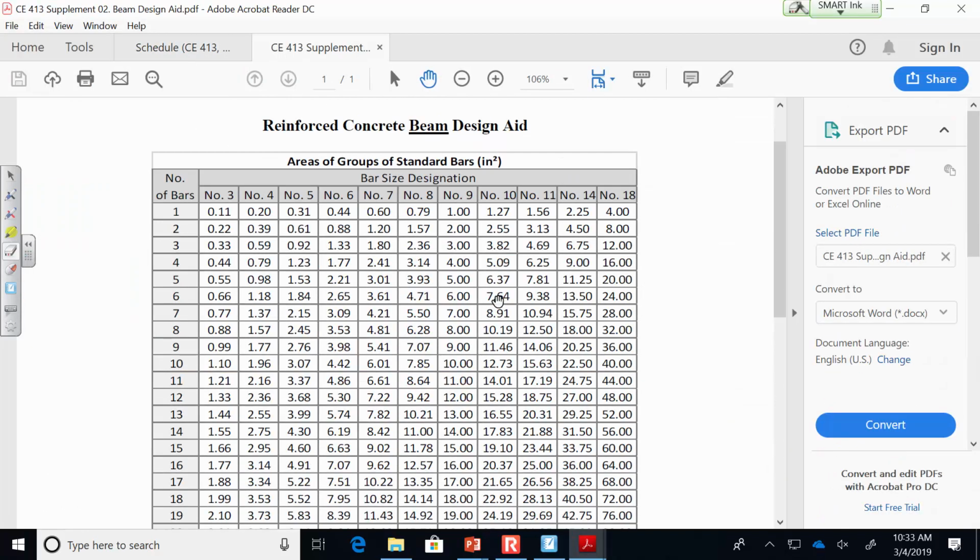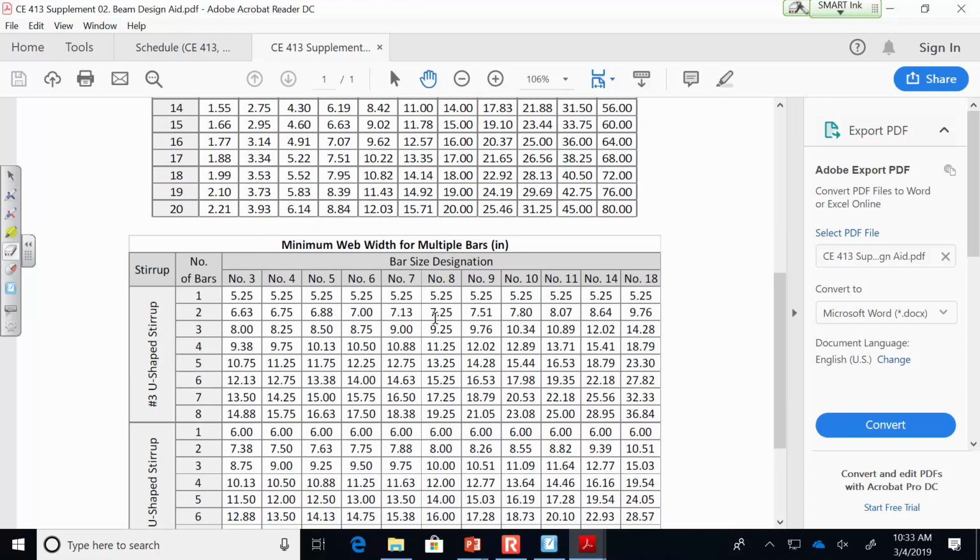Here's our beam design aid right here. And so I propose that 10 number 9s work. However, when I go down here to look at the minimum web width, if I'm looking at number 9s, do I try and find for 10? No. What am I going to look up? 5. And so for 5 number 9s, the minimum beam width is 14.28 inches. Does that work for our beam? Yeah, that works.